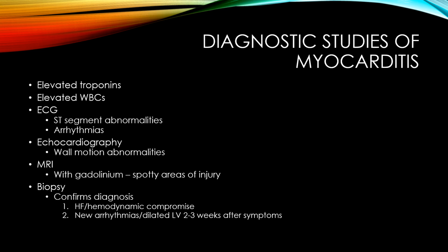MRI, if you had suspicion of myocarditis, then if they use contrast like gadolinium, you might see spotted areas of injury all over the heart. And that would also be a big clue, because if this were a true MI, most of those MIs would follow a coronary artery distribution and usually be to a specific region of the heart, whereas this would be more diffuse.